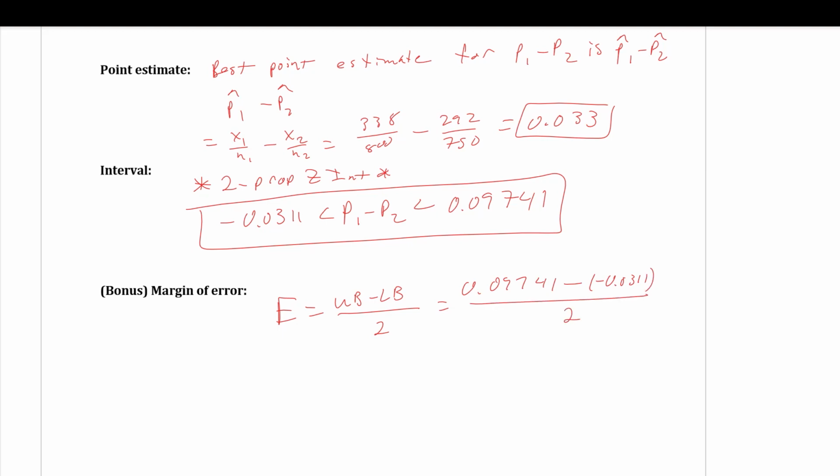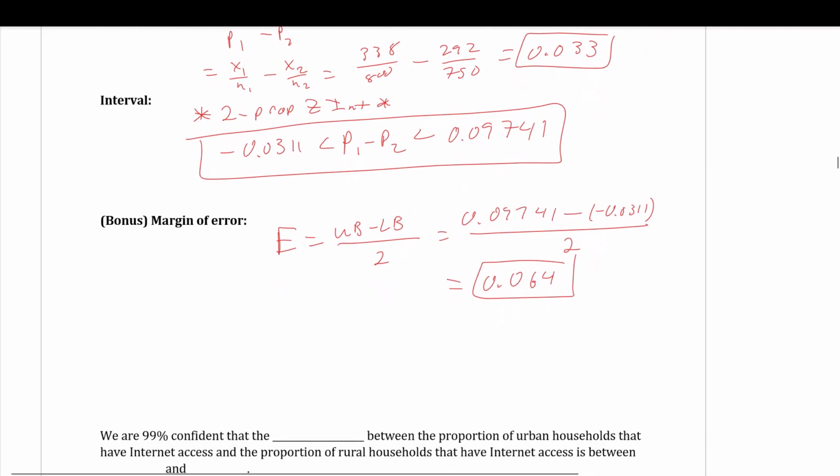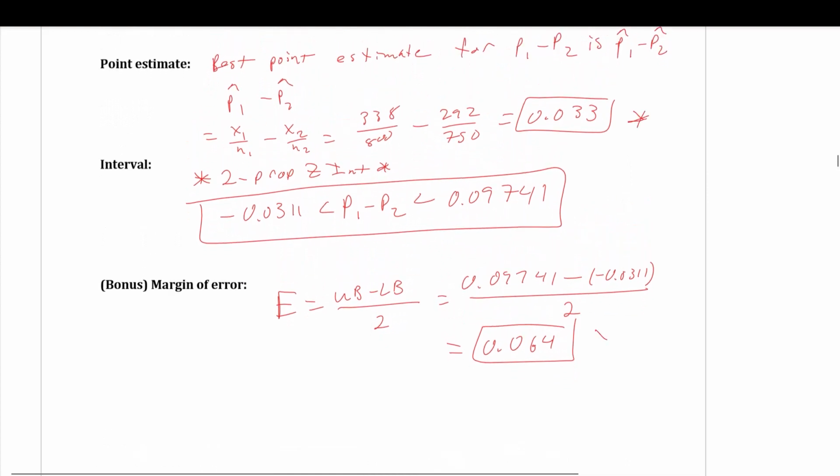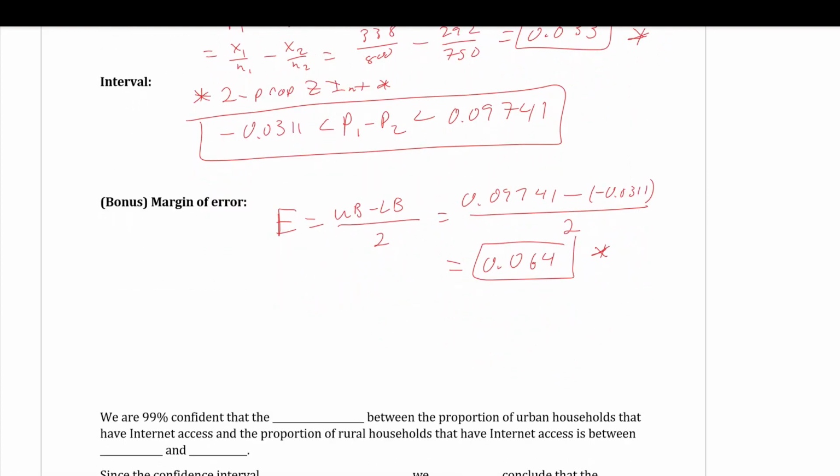The opposite of a negative is a positive, so those two numbers actually add up, and we get something like 0.064 when rounding. And just to double check that your point estimate and your margin of error add and subtract to give these two bounds.